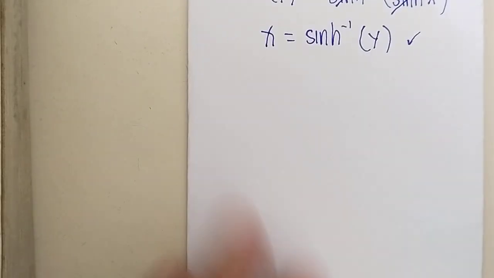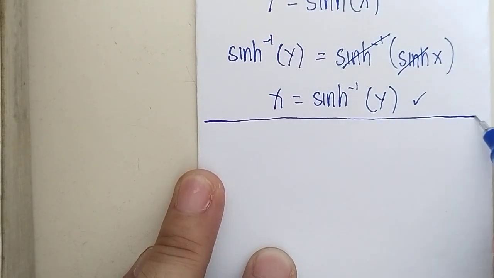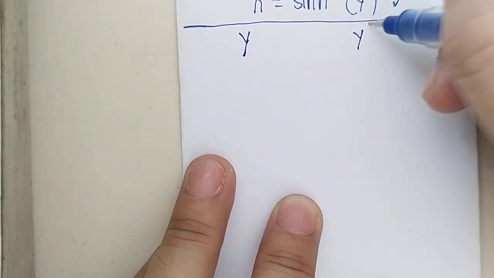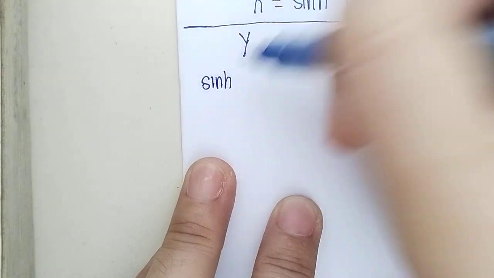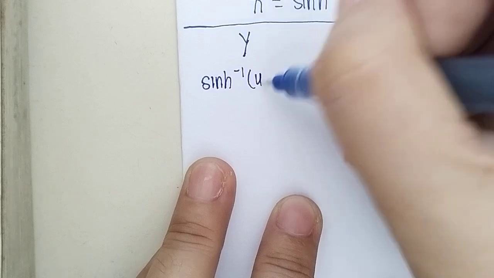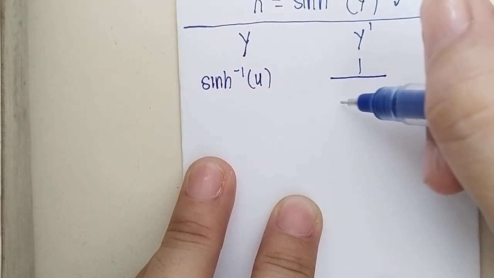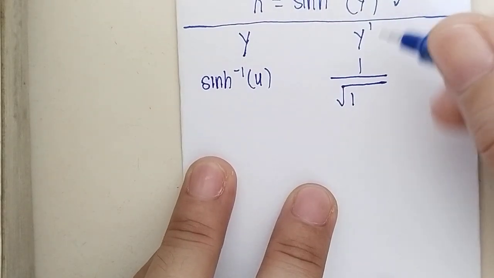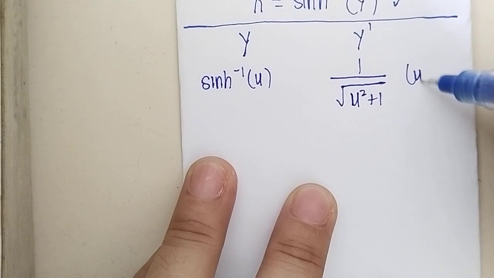Now, what are the derivatives of our inverses? If we have y here, and this is the y prime. Say, the inverse hyperbolic sine of u. They differ only very slightly. So, this is 1 all over the square root of u squared plus 1, times the u prime.